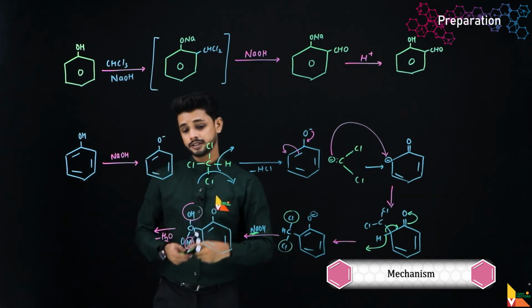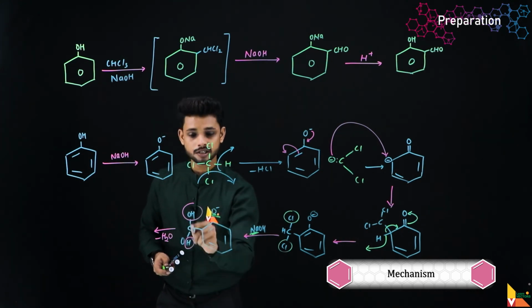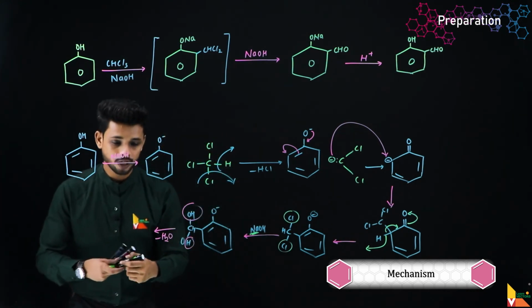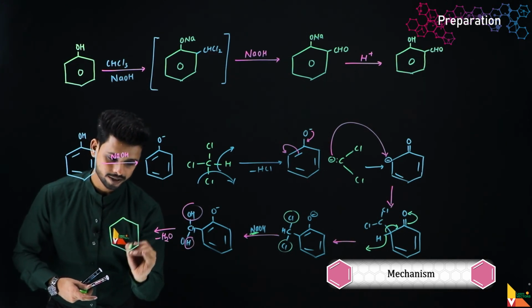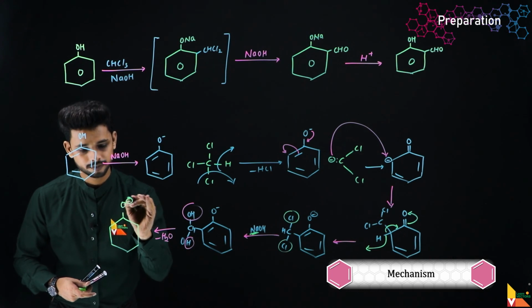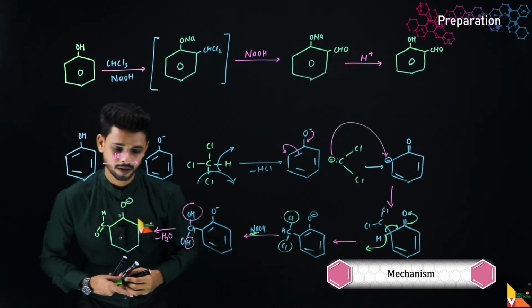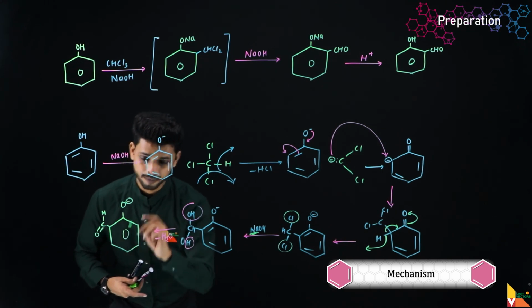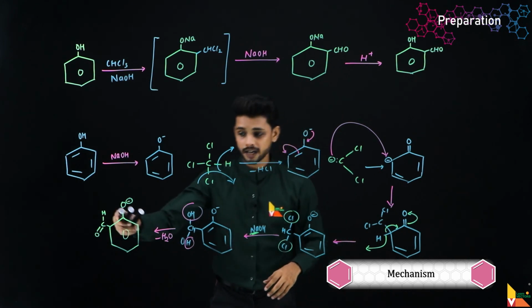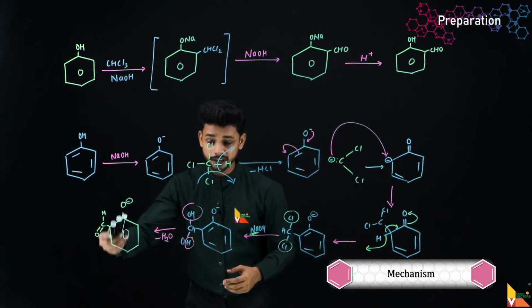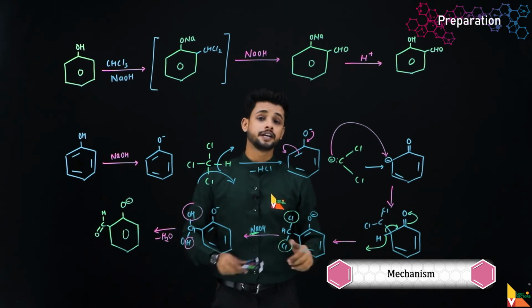Alright, and since this H is removed, the bond will shift to this oxygen and there will be a double bond which will result in this structure. What we can say is the final structure. So here we have prepared the aldehyde group, or we have attached the aldehyde group on the phenol, and this is the mechanism for the Reimer-Tiemann reaction.